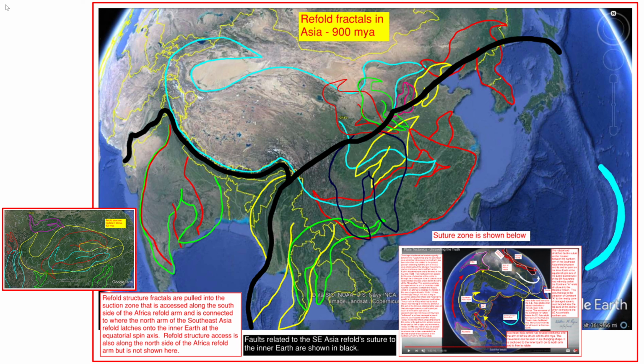For guidance, you can use the insert down here on the right. So you got the Southeast Asia Refold here, you got the arm of the Africa Refold here, and you got India over here. So you'll see that there's definitely a sticking, a bonding between the Southeast Asia Refold and the arm of Africa, based on this character of the black line here that I'm highlighting.